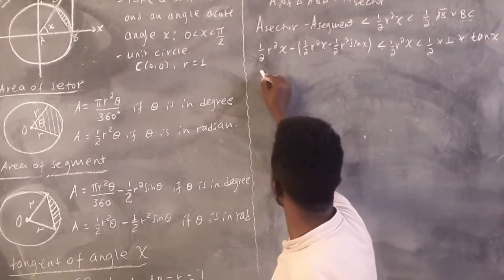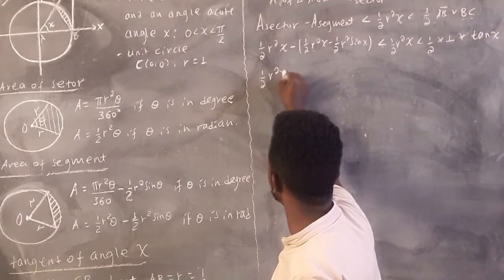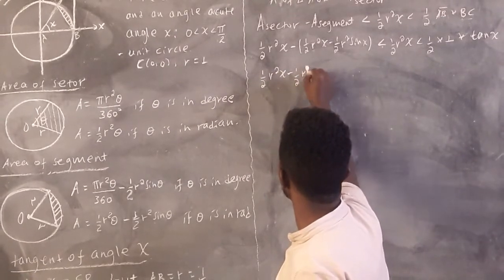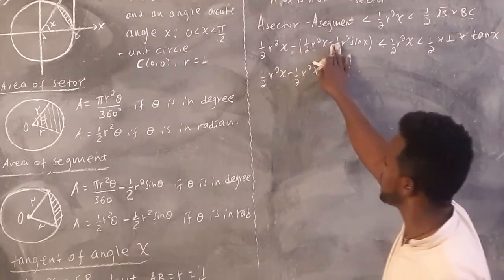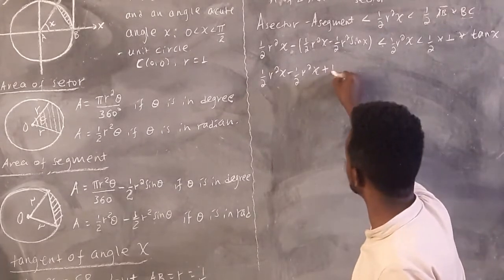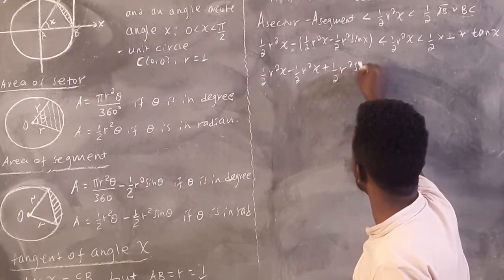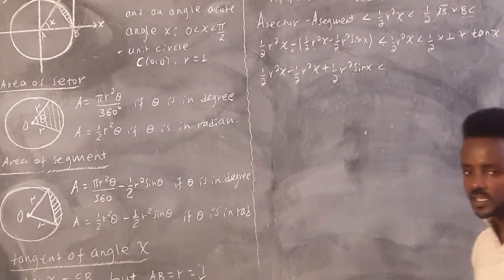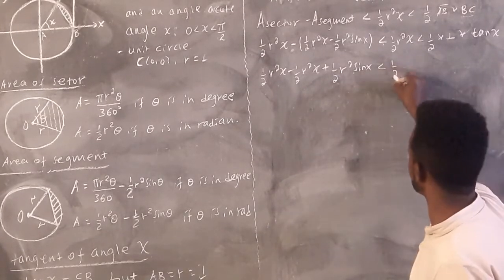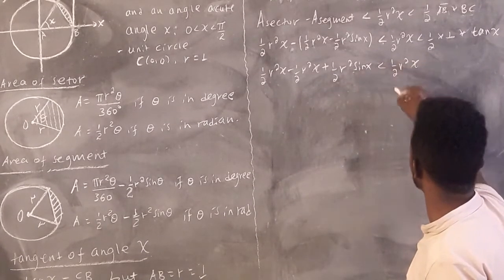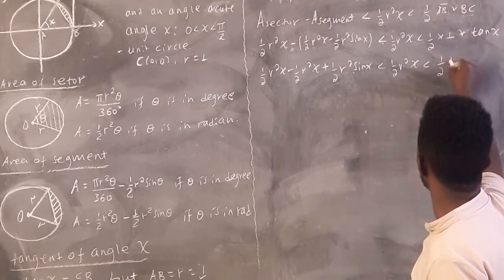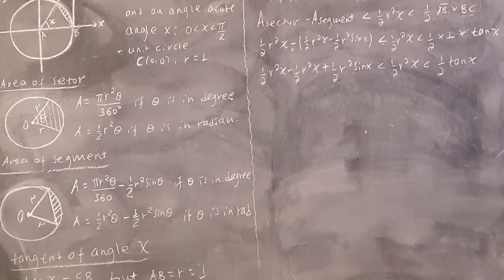So half r squared x minus half r squared sin x is less than half r squared x, which is less than half times tan x.